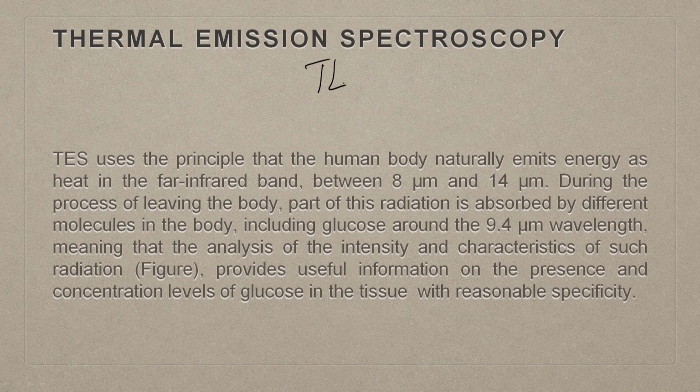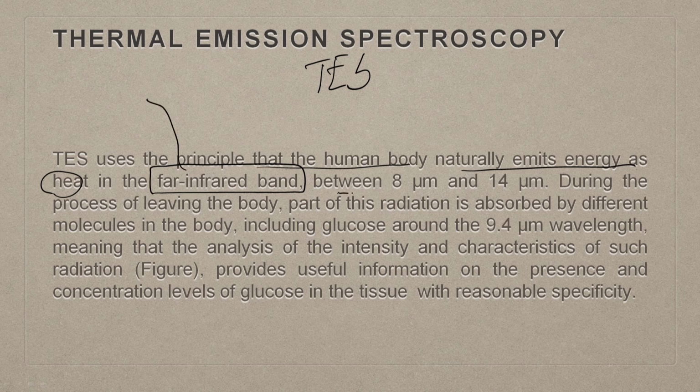So, we are talking about thermal emission spectroscopy, which in short they call TESS. It uses the principle that the human body naturally emits energy as heat in the far infrared bands, okay, between 8 micrometer and 14 micrometer. As a matter of fact, animals detect humans using exactly that kind of far infrared sensing.